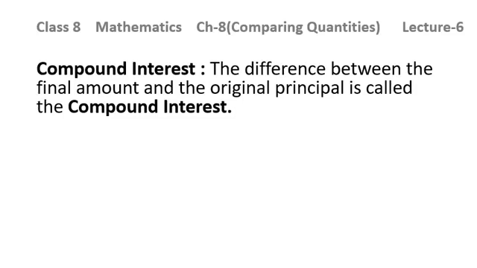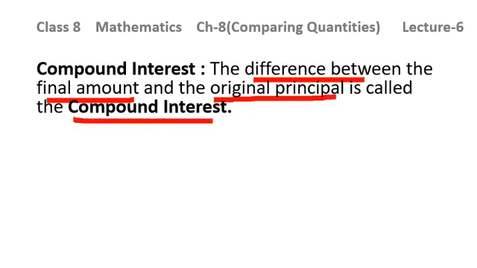The definition of compound interest is that the difference between the final amount and the original principal is called compound interest. What is this compound interest? First of all, you need to calculate the amount, and then take the original principal.